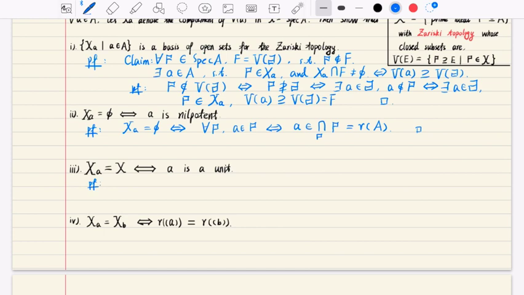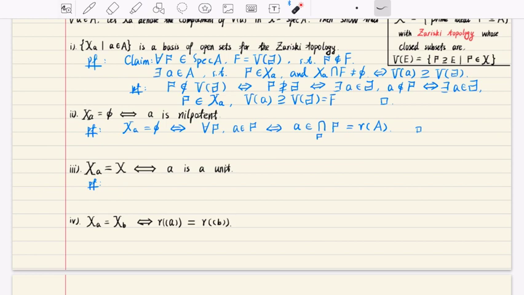But maybe we can say a few words about this. Somehow we may notice that the definition for the prime spectrum is not so strict. It cannot distinguish elements, in fact.